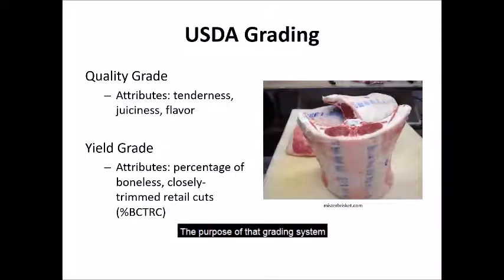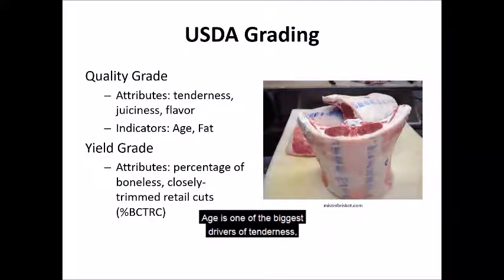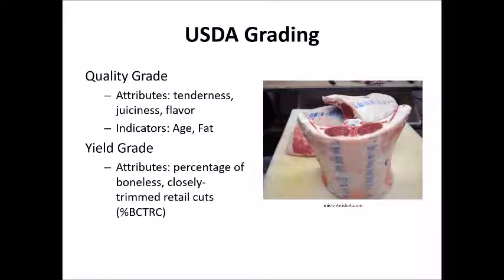Okay, and quality grade is determination of quality. The purpose of that grading system is to give some standardization to products so we can get an indication of what they're going to taste like, how they're going to yield. Quality grade, attributes, tenderness, juiciness, and flavor, and the indicators are going to be age of the animal and fat. Age is one of the biggest drivers of tenderness, and as animals get older, they get tougher. That's just muscle biology.